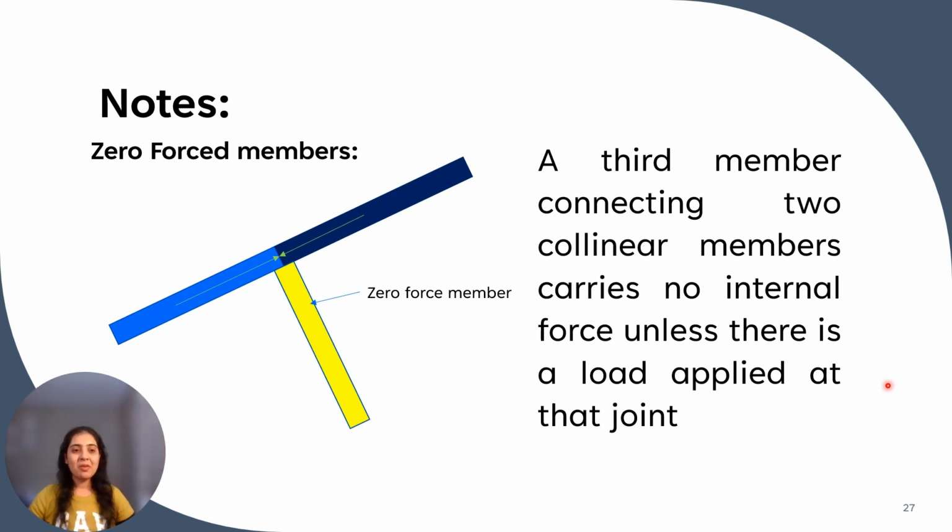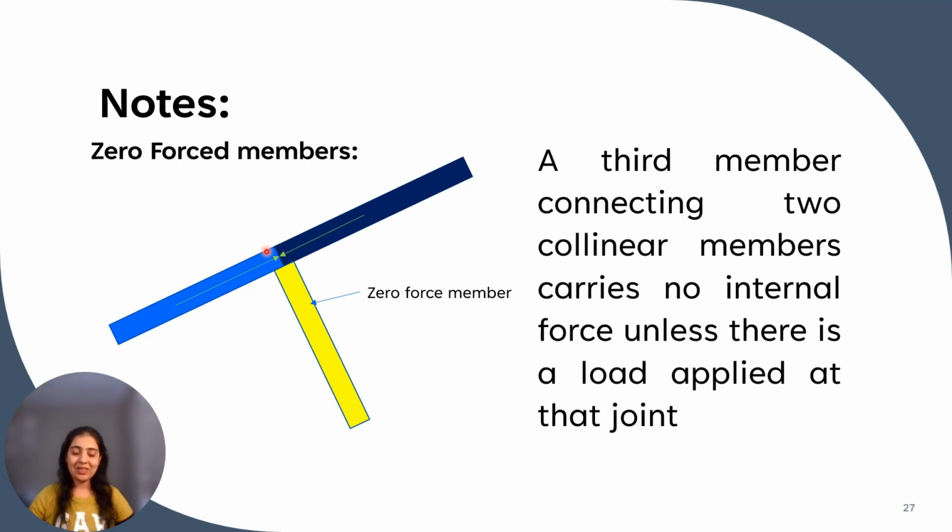Now we will see what zero force members are. These are the members where, by visual inspection, we can find out that the force in the member is zero. So how to identify it? See in this figure, a third member connecting two collinear members carries no internal force unless there is a load applied at that joint.